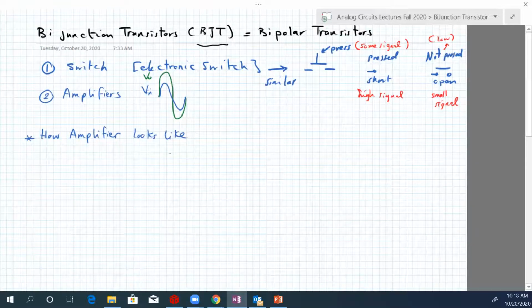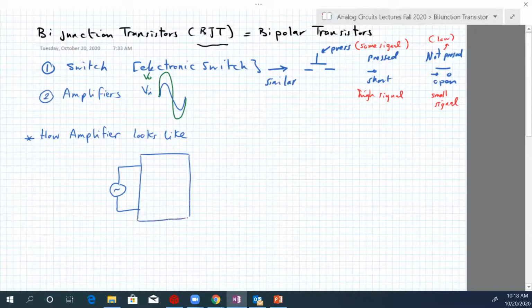It is something like this. You have some V input, some signal. Then we have the amplifier circuit, which is a black box till this moment. Of course, we're going to dig into that and see how it works. Here is V input, here is V output.